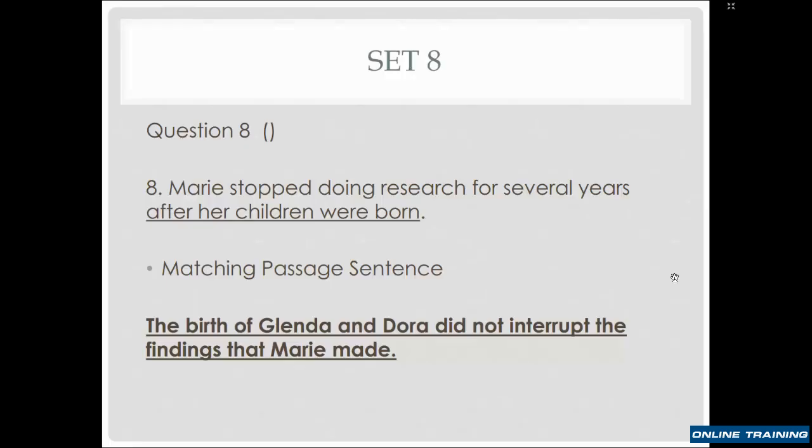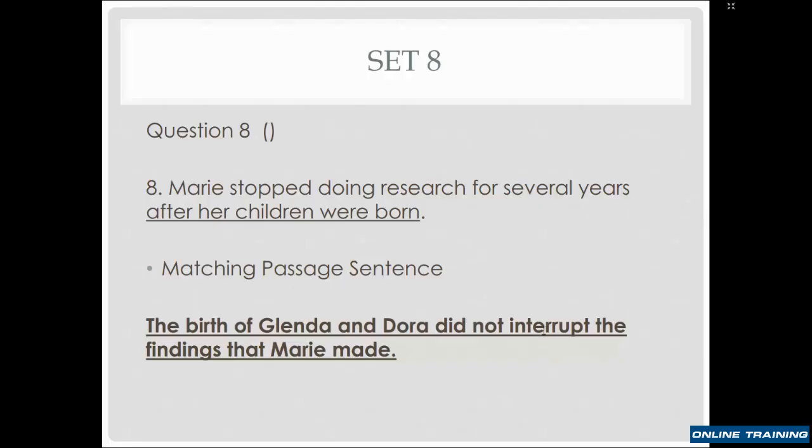Very often that really critical information that you're analyzing for yes, no, or not given is following some verb or some adverb or something like that, like stop doing research. Right here, when we look at the passage sentence, it says the birth did not interrupt. All right, here it says in the question, stop doing research.